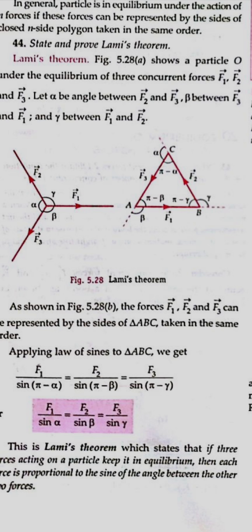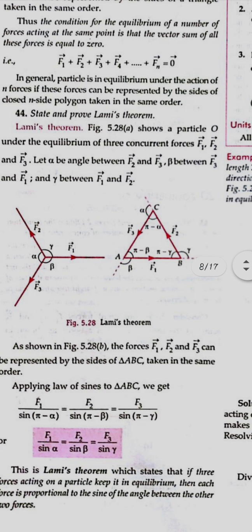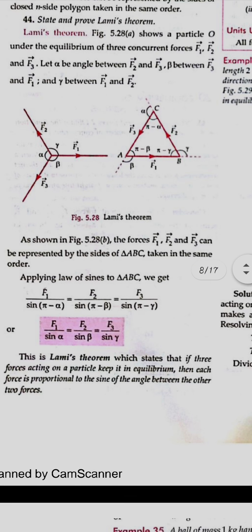In the figure we see pi minus alpha, pi minus beta and pi minus gamma, and the sides are opposite to these angles. So F1 upon sin pi minus alpha is equal to F2 upon sin pi minus beta and F3 upon sin pi minus gamma. Sin of 180 minus theta is the same as sin theta, so we can take it as sin alpha, sin beta and sin gamma. This is the law given by Lamy's theorem.